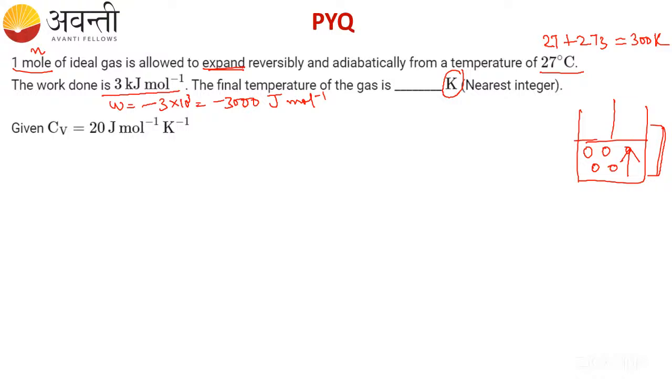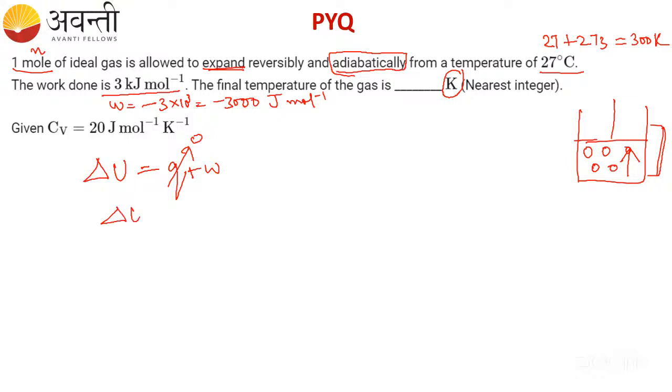We have the temperature and now we have to find out the final temperature. So use this formula. We know delta U is equal to Q plus W, right? And since the process is adiabatic, again Q is going to be 0.